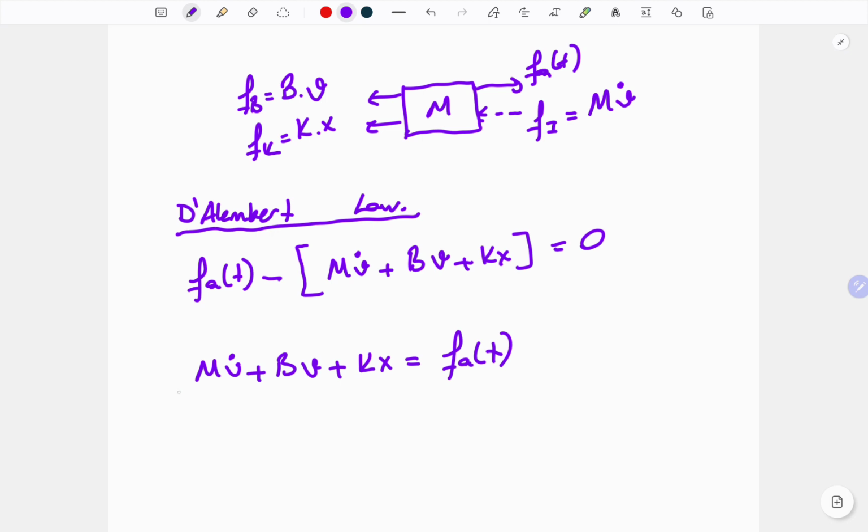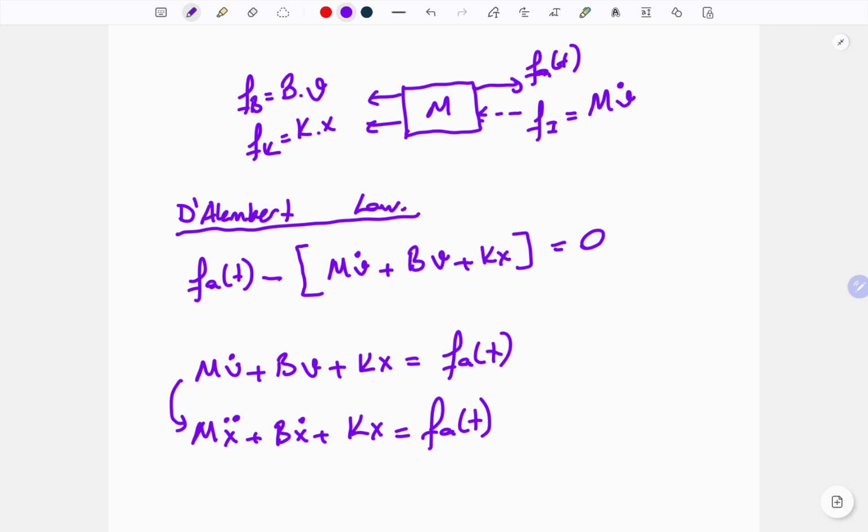Or similarly, we can rewrite the equation with the displacement. So as we know, the displacement derivative will be the velocity. So m x double dot, which is the second derivative of the displacement, plus b x dot plus k x must be equal to Fa.